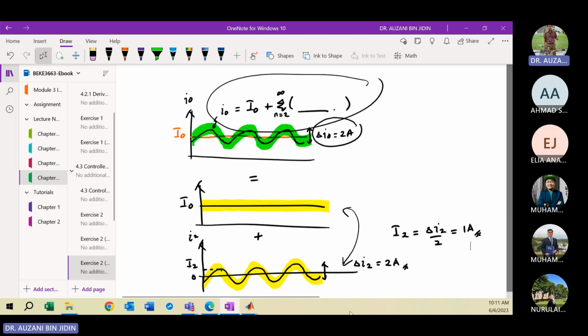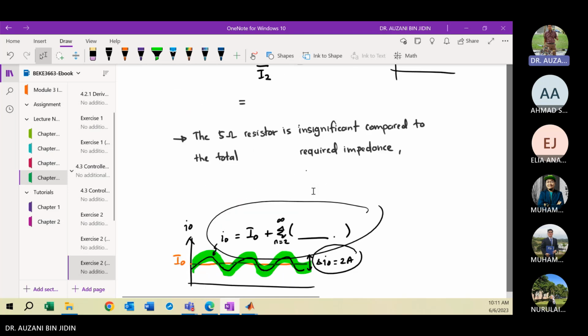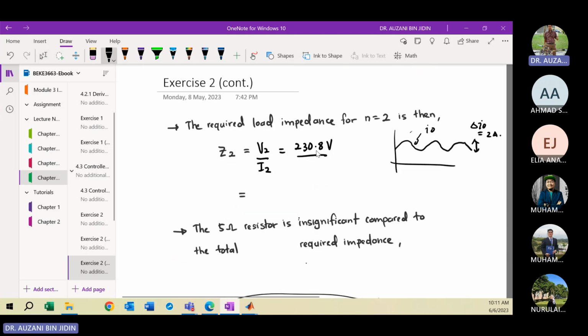Then from here you can substitute. Z2 is 230.8, based on the estimation from the graph, divided by 1, and you get 230.8 ohm. Okay, then you can compare.